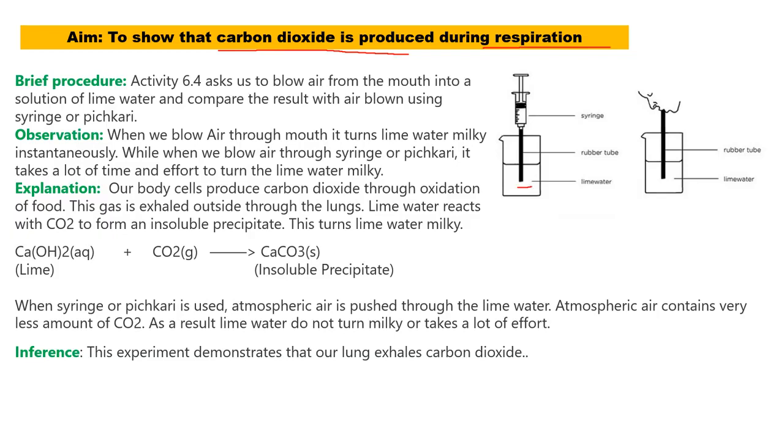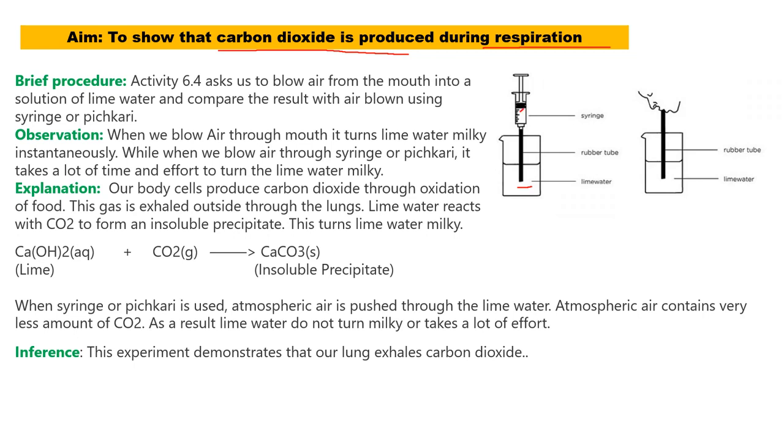Here there is a rubber tube, and this rubber tube is connected to a syringe, and when you press this syringe, you will find the air going through this lime water, but there isn't any change in the color of lime water, right?